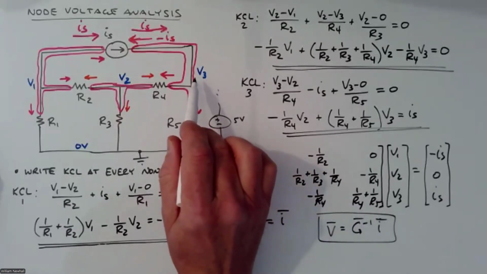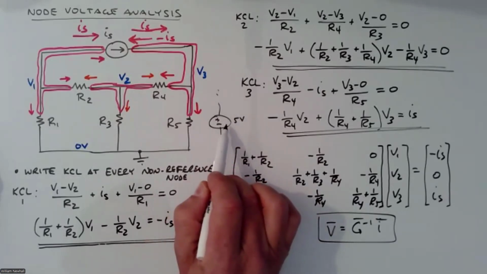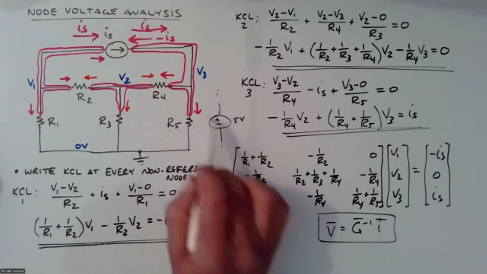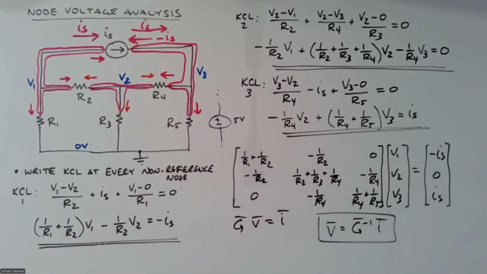Because V3 is the voltage between this node and ground, enforced by that voltage source there.